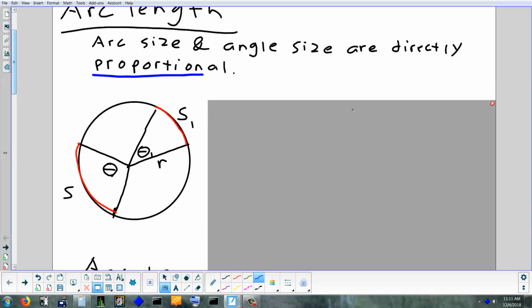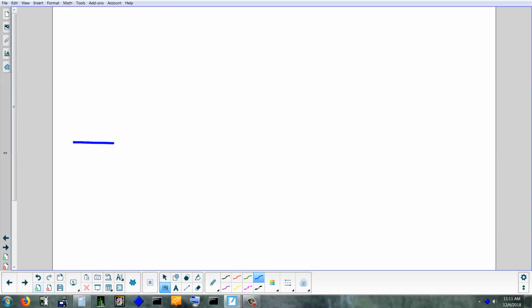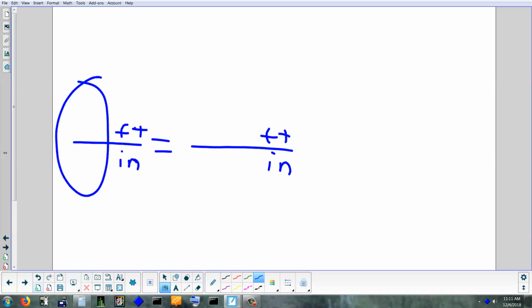So now I think we mentioned this yesterday, but I'm going to talk about feet and inches. Again, because I think it's a simple one to kind of relate to. If I wanted to create a proportion to convert between feet and inches, I have to fill in something I already know, right?